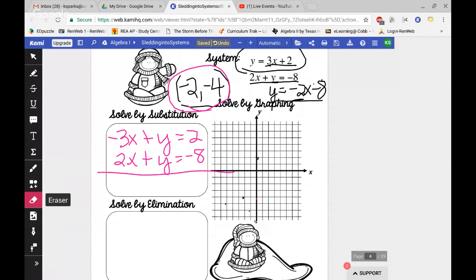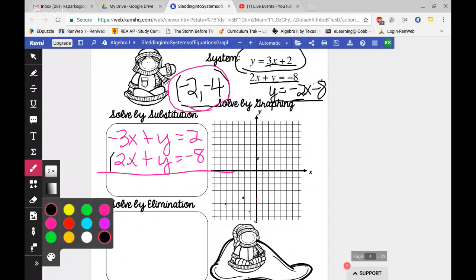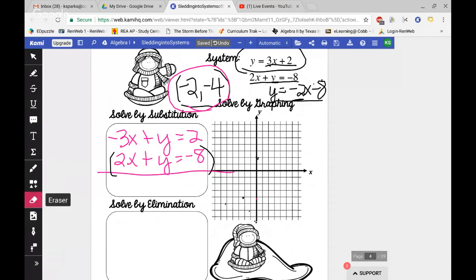Okay, so they're both the same. And if they're both the same, you subtract. So what I'm going to do is subtract this whole line. I put it in parentheses to remind me that I have to distribute this subtraction sign all the way across, okay?